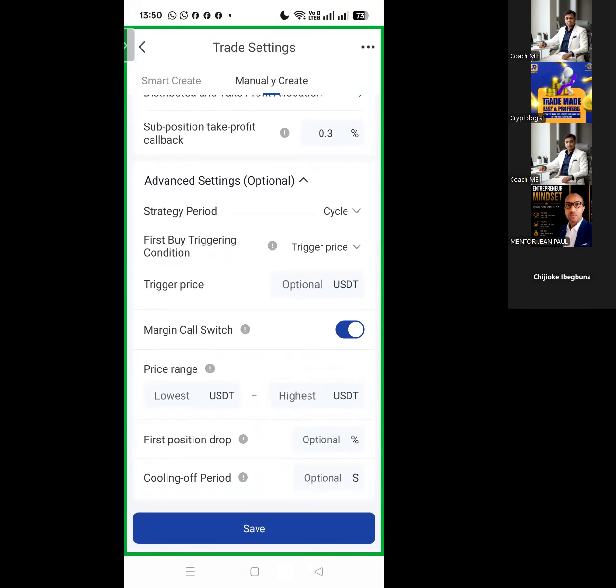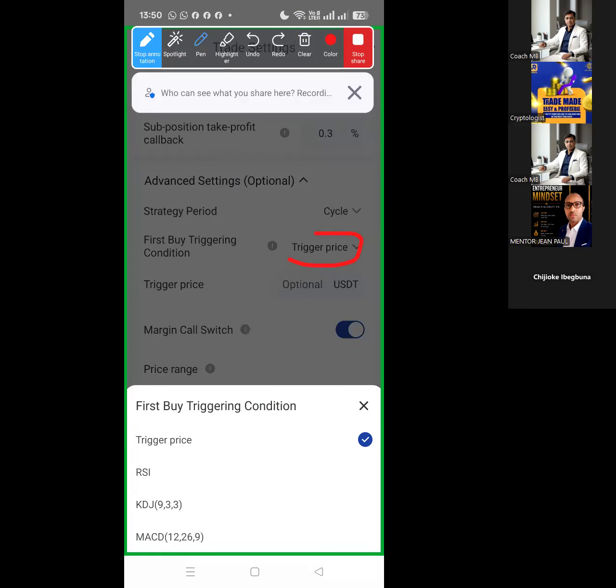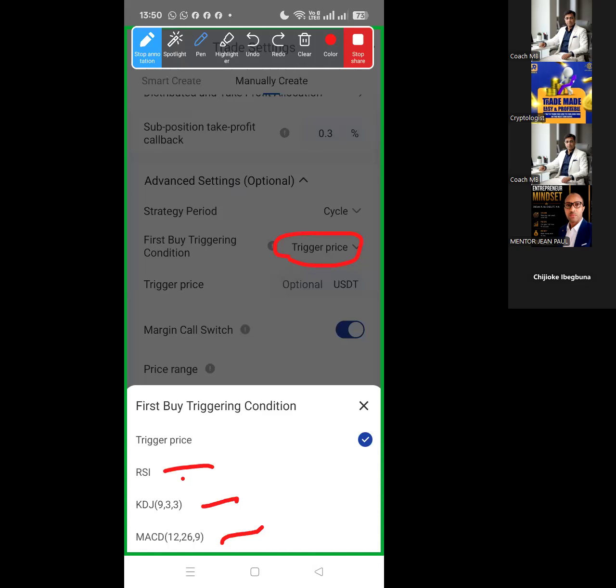So what you can do here, you can click on this trigger price. You can see here, I click here, trigger price, and I can select any of these 3 indicators. Only one will be applied. If you have good knowledge about these indicators, you can understand how they work.